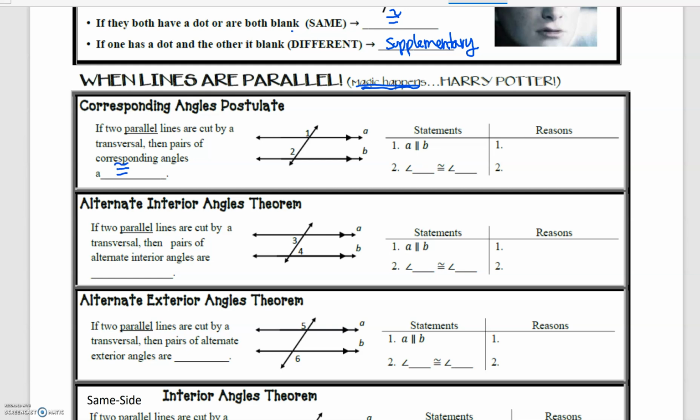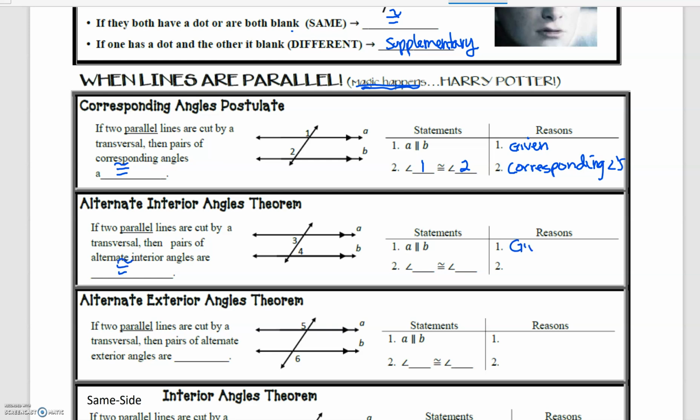Okay, so we're going to go ahead and identify 1 and 2. This reason is given for the first, and then corresponding angles is why those are congruent, because we have parallel lines. Alternate interior, those are congruent.